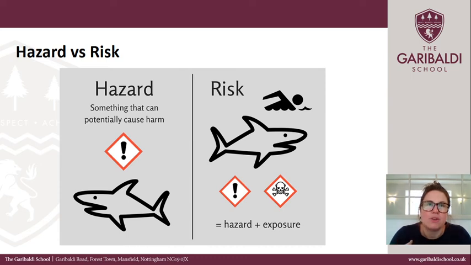If you have a knife, I don't know, the dog manages to get hold of the knife and is running around the kitchen, your hazard plus the exposure, so the dog running around with the hazard, has massively increased your risk. All right, so to reduce that risk, we keep it locked away in the drawer. All right, so hopefully you can see the difference between hazard versus risk. Hazard is something that can cause harm. Risk is how likely it is for that harm to take place.